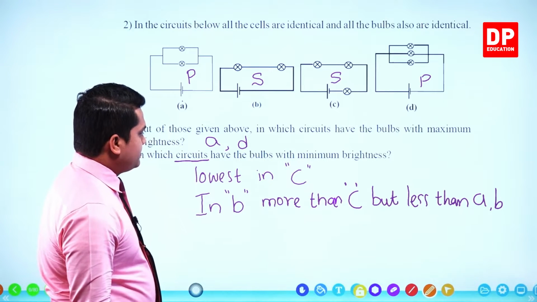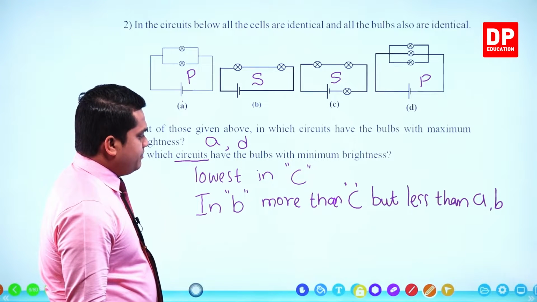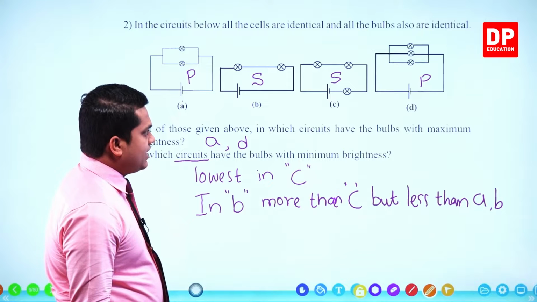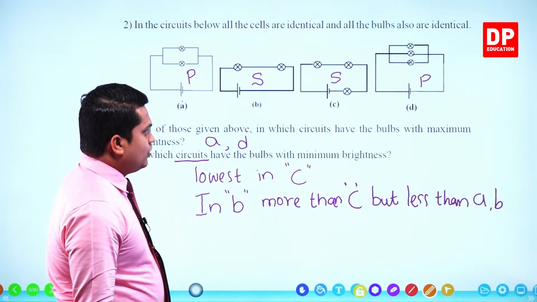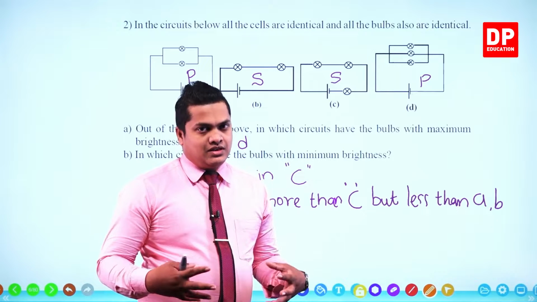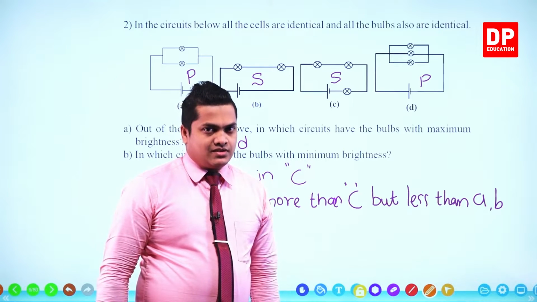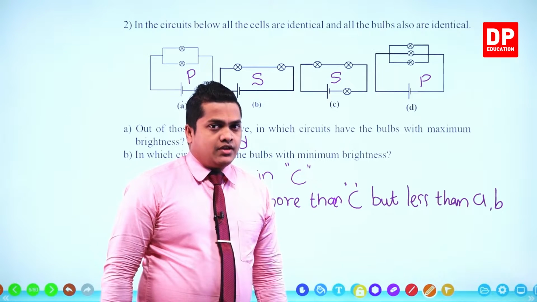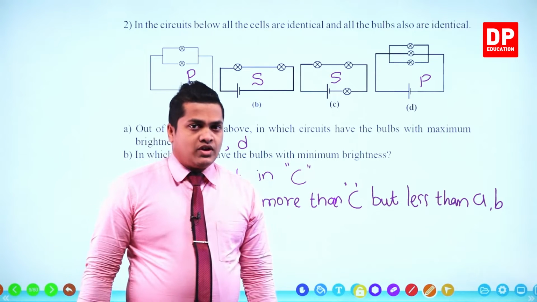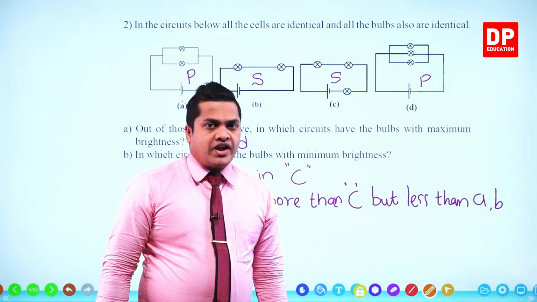So lowest can be observed in C, but in B you can observe more brightness than C, however lesser than AB. So altogether, if you take a summary, both B and C are the ones that have lower brightness.